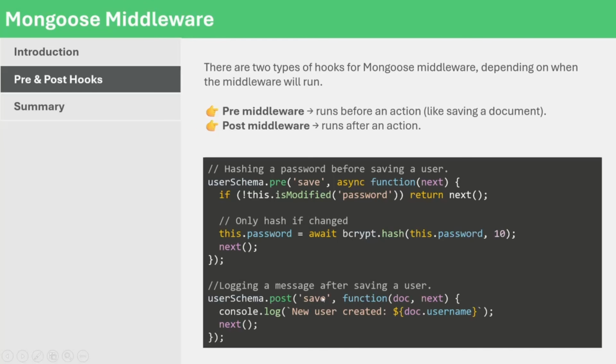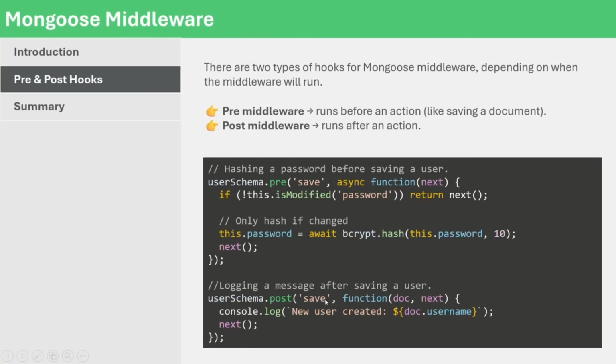For that, we can specify a query name like findOneAndUpdate, findOneAndDelete, deleteMany, deleteOne, updateOne, etc. So any query we can specify here. In that case, we will be creating a query middleware. But here, since I'm using the save event, we are creating a document middleware.